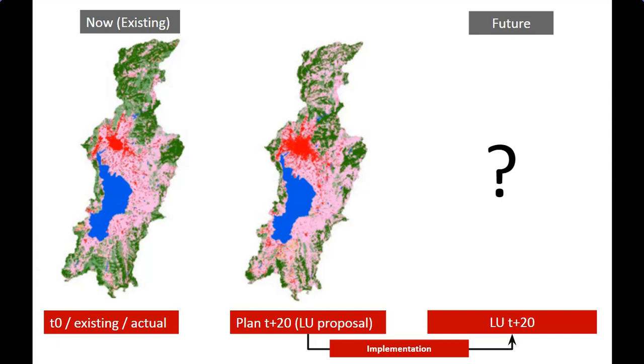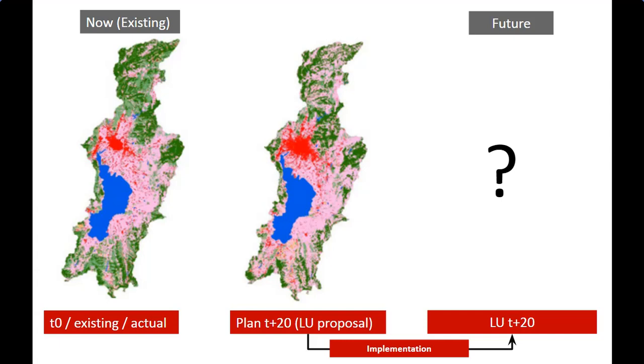So the land use plan, or the proposed land use for the next 20 years, is just visualized on the map, with all programs, implementation actions, investment, and also all components of plans of development.